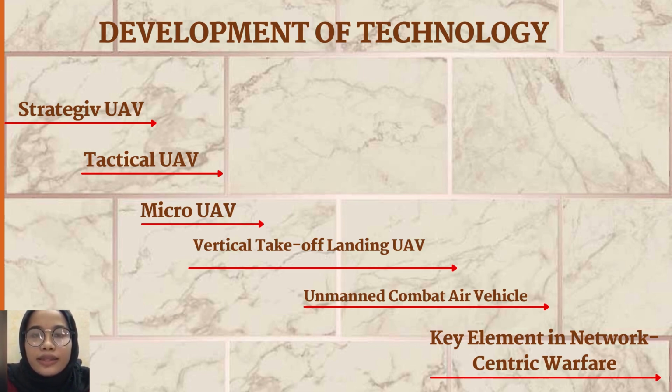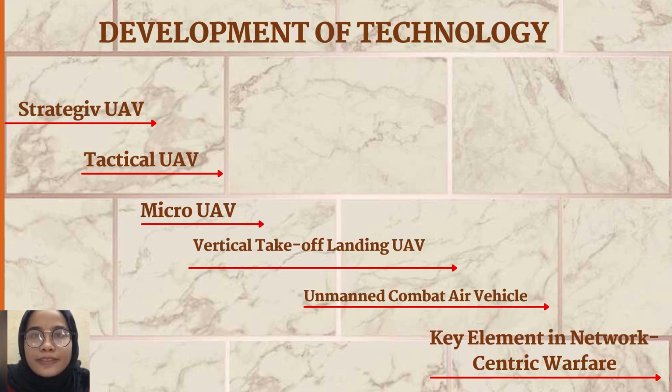Next, vertical take-off and landing UAVs provide a small, highly maneuverable platform to conduct overhead surveillance, remote sensing, communication relay, and ultimately surveillance. Next is the unmanned combat air vehicle. And the last one is key elements in network-centric warfare, with widespread deployment of a variety of UAVs, including data, function, and management.